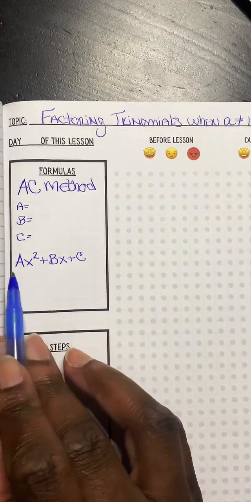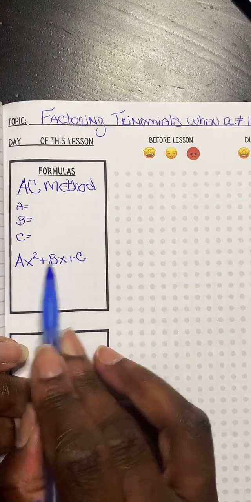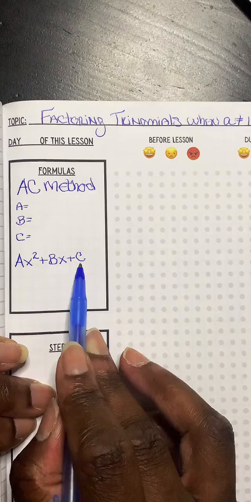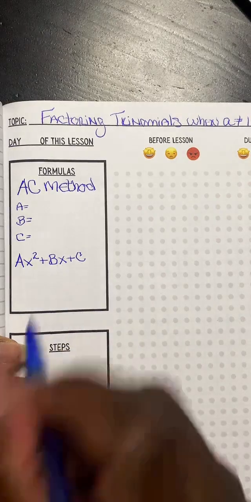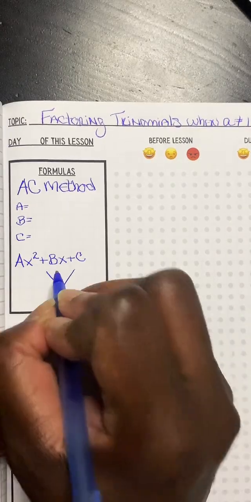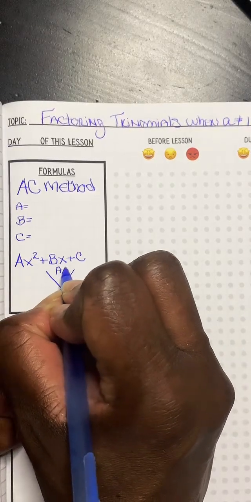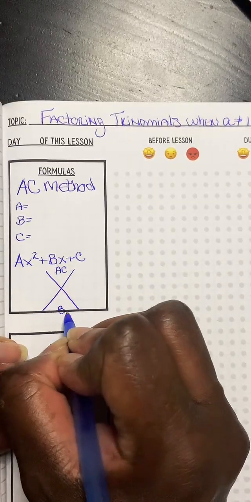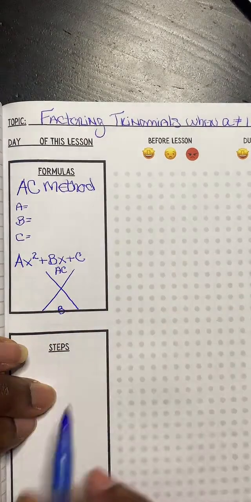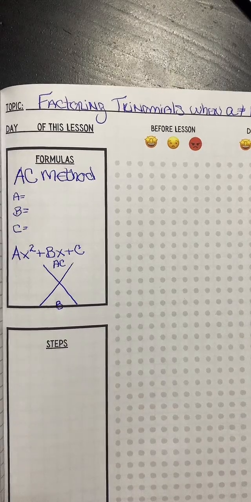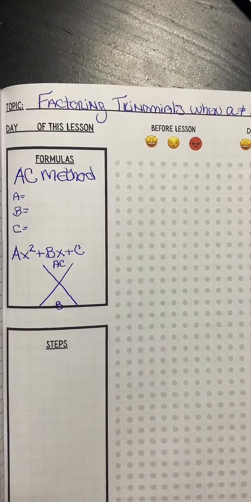So a and b are representing the coefficients in front of the x squared and the x, and the c is representing our constant. But when we do our cross, just like we were doing before, this time we're going to multiply our A and our C. And down below, we're going to do what we've done before. Just bring down the middle term, which is our B. Okay, that's the only thing that I'm tweaking right now. Right? That's the only thing I'm doing.